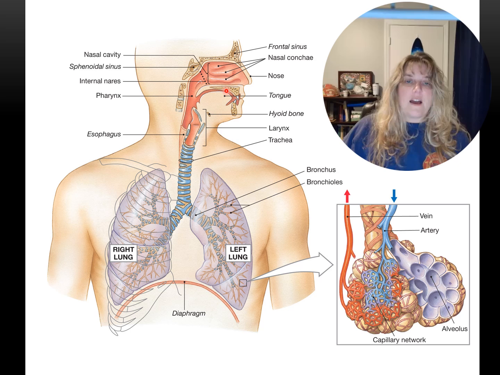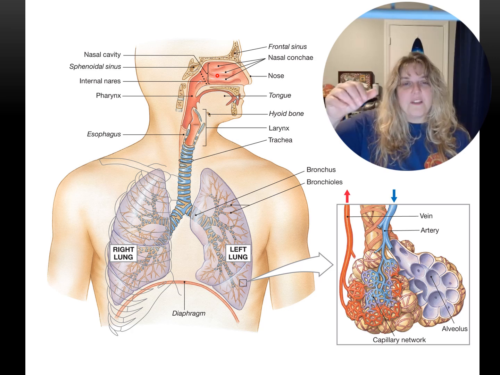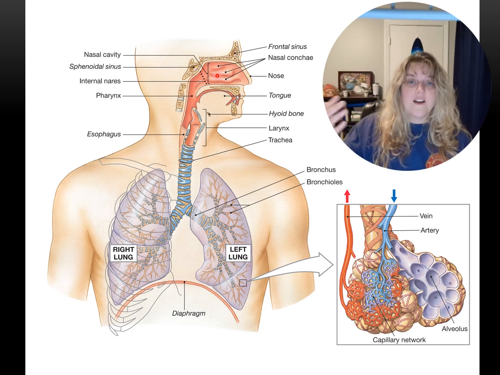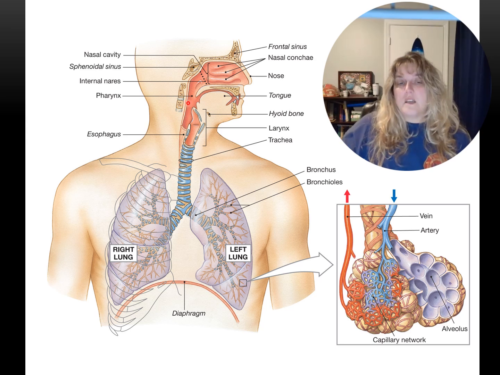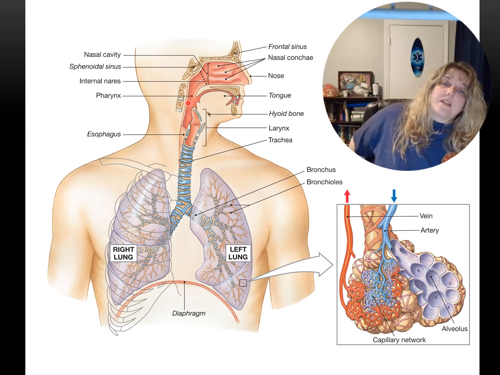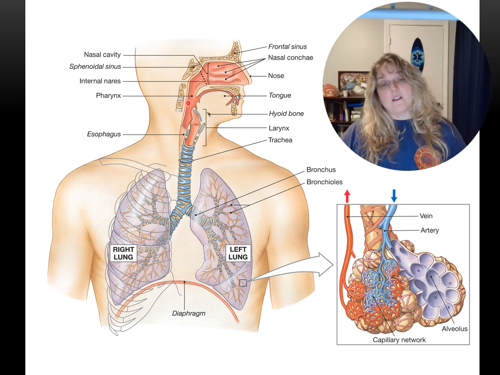If you've ever laughed at the wrong time while you were swallowing and had pop come out your nose, that was because when you laughed, you were spasming your uvula and it didn't shut off completely, and it caused the food or the water to go up instead of going down. So you're not only using this airway for the respiratory system, but it is also in conjunction with the gastrointestinal tract.